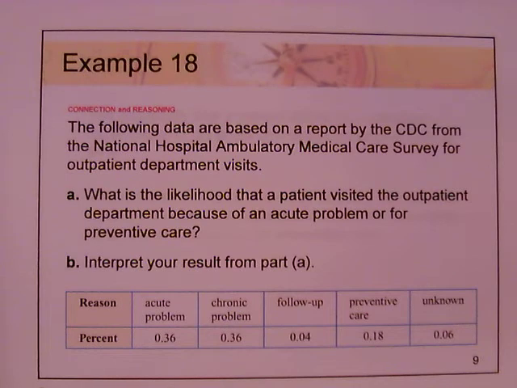So in this example here that I'm going to give to you, the following data are based on a report by the CDC from the National Hospital Ambulatory Medical Care Survey for outpatient department visits.